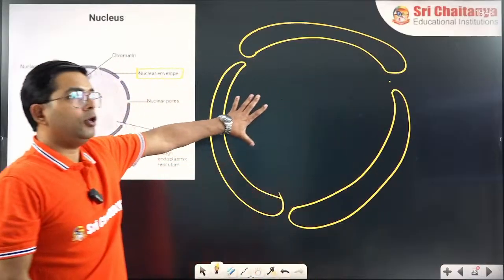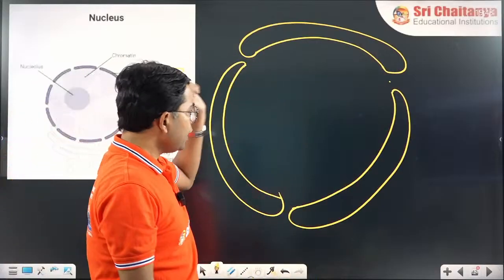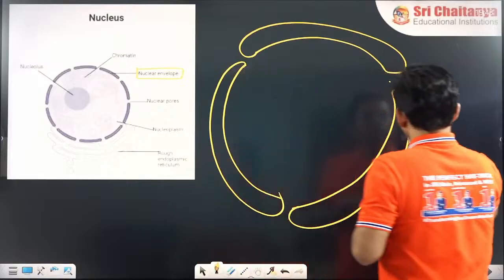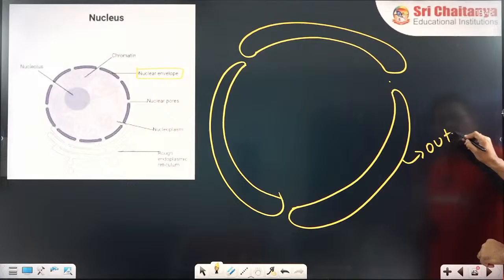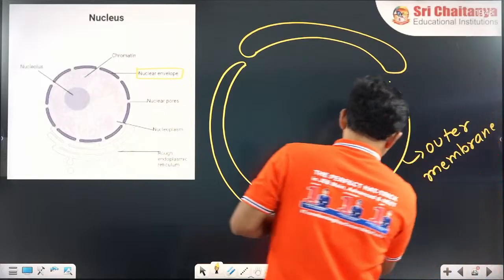See, this is a nucleus, right? If you see very carefully, this is called the outer membrane of nucleus. Outer membrane. And then this will be called as inner membrane.